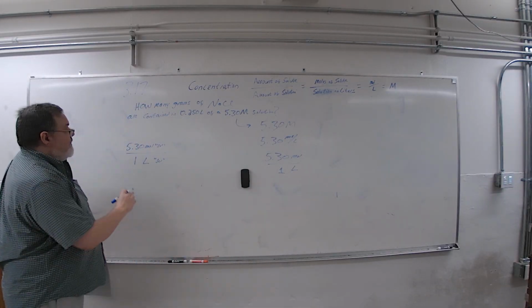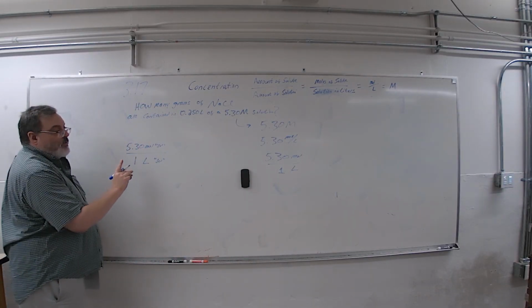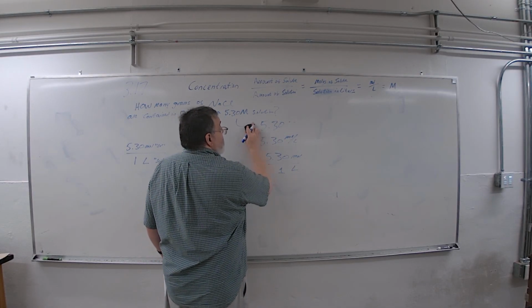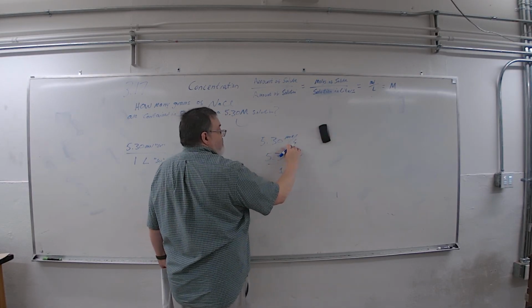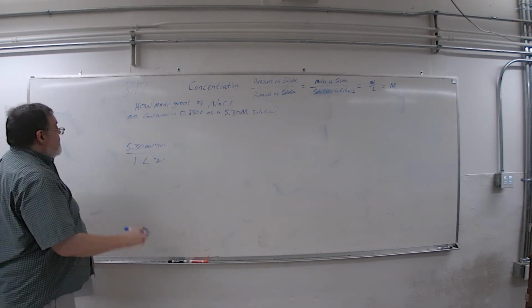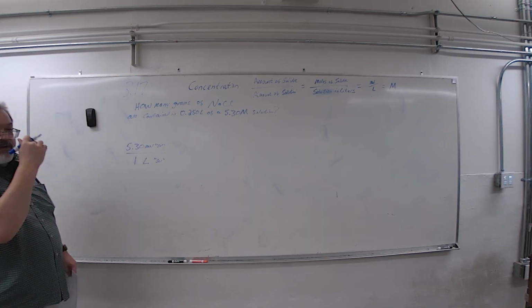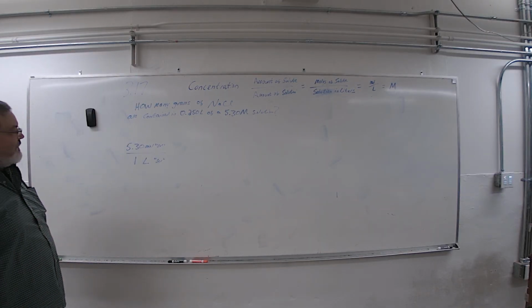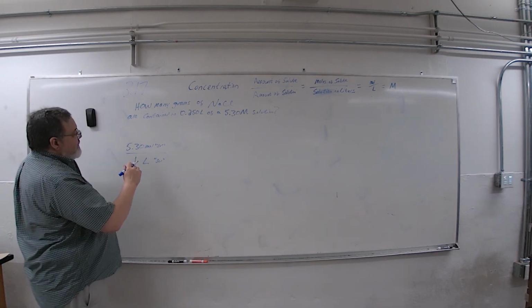That's what I've got here, 5.30 moles over 1 liter. This, I think, is superfluous, but it's really popular, but everybody ought to just write that. When we write density, we say grams per milliliter, and there's not a special letter you replace that with, so I don't know why molarity has a special letter. But okay, so I'll write it like that.